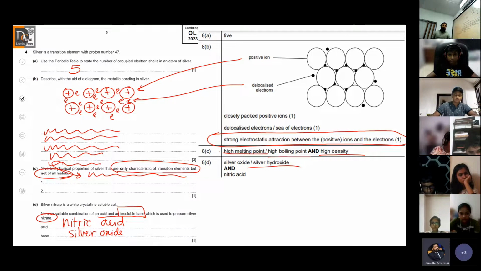So these are very micro details, for those who really want to nail the Cambridge paper to perfection. You can do it. Yes, wrong is wrong. You could have nicely written silver hydroxide, and that is much easier to write the formula of, right?